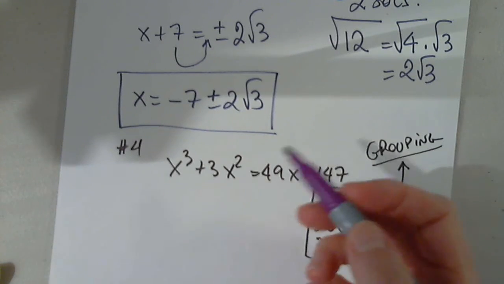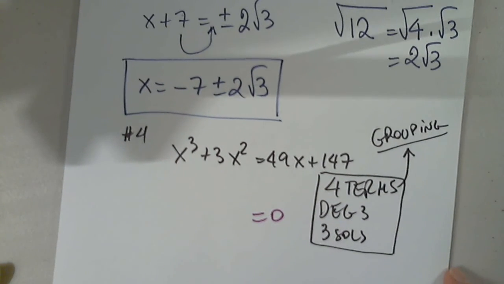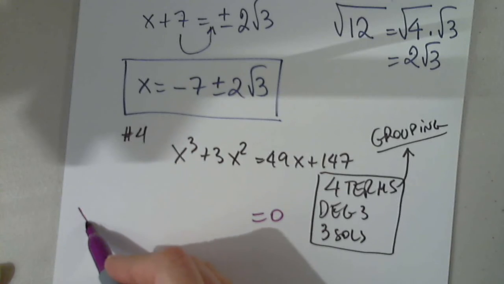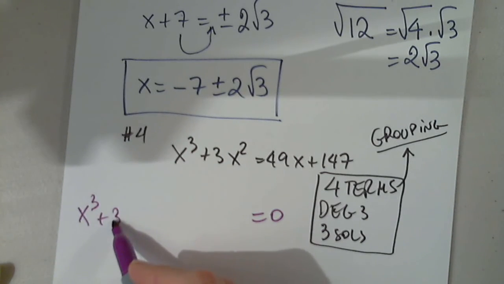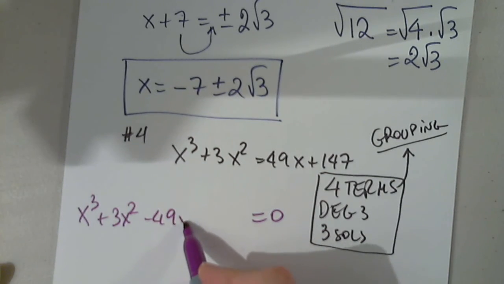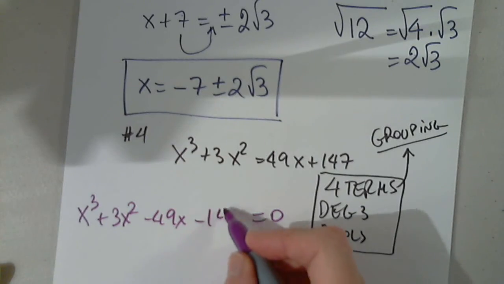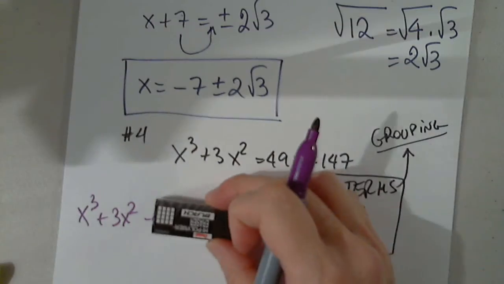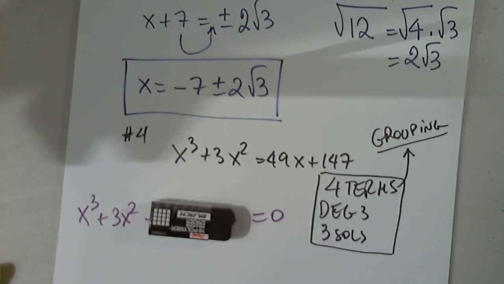Good. So then I move everything to one side, set it equal to 0, and factor by grouping. X to the third plus 3x squared minus 49x minus 147. And of course, factoring by grouping, what do I do? From the first 2, I pull out x squared.